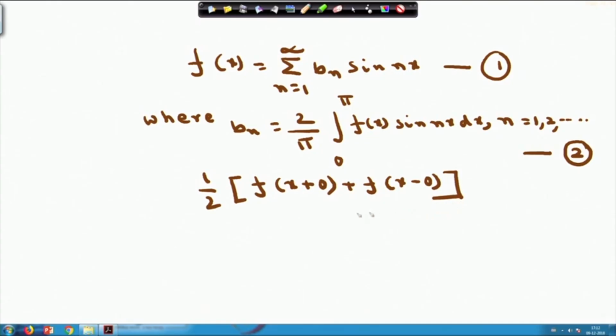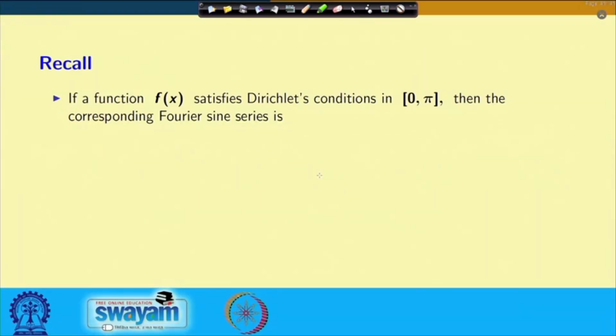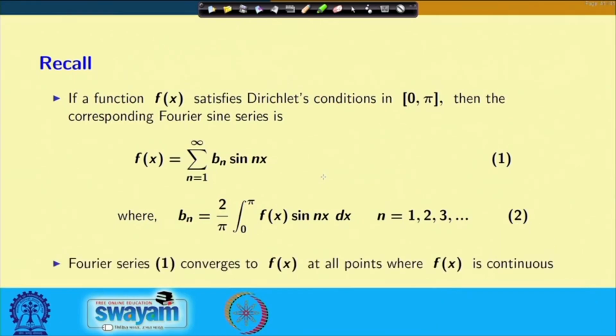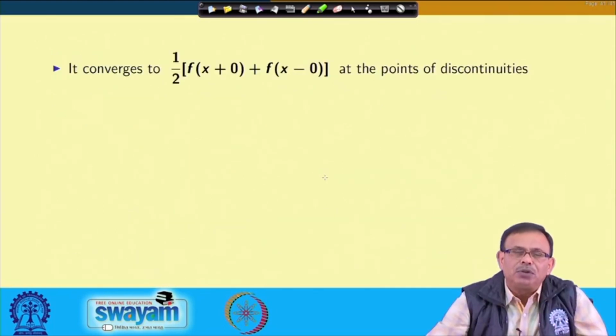So, whatever we have told is f x equals summation n equals 1 to infinity b n sin n x, where b n is 2 by pi integral 0 to pi f x sin n x dx, and Fourier series 1 converges to f x at all points where f x is continuous, and to half into f of x plus 0 plus f of x minus 0 at the points of discontinuities.